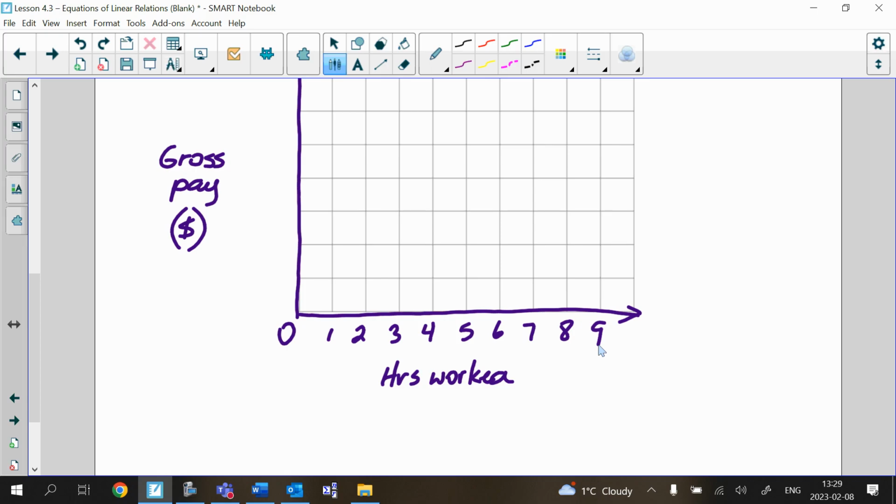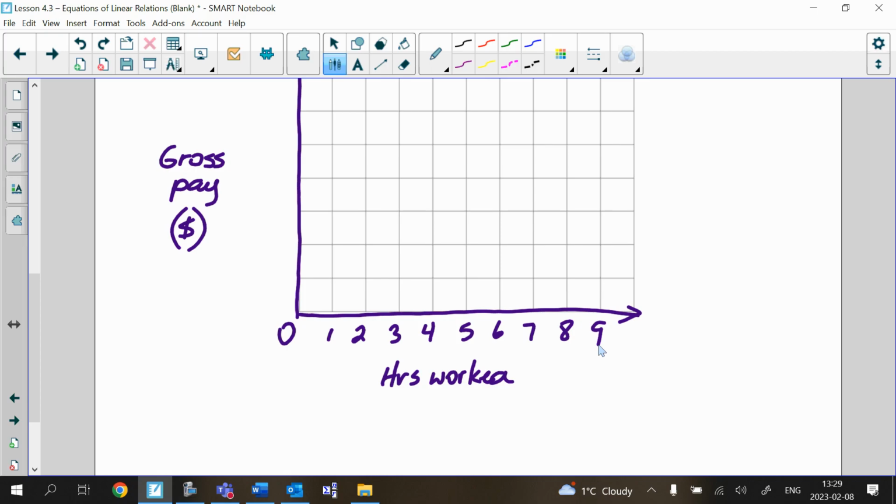What's the scale you want to use on the vertical for the pay? We've got to start at 0 and it goes up to 120. What do you want to go up by? 10? Do we have enough? 10, 20, 30, 40, 50, 60, 70, 80, 90, 100.